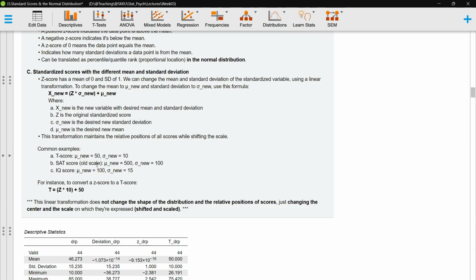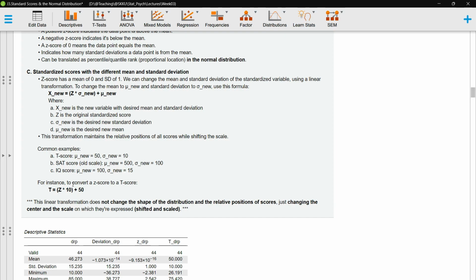In the past, the mean of the SAT score was set at 500 and the standard deviation at 100. Another very good example is the IQ score, which often has a mean of 100 and a standard deviation of 15. We can create these types of standardized variables with any specific mean and standard deviation by using this operation. Okay.